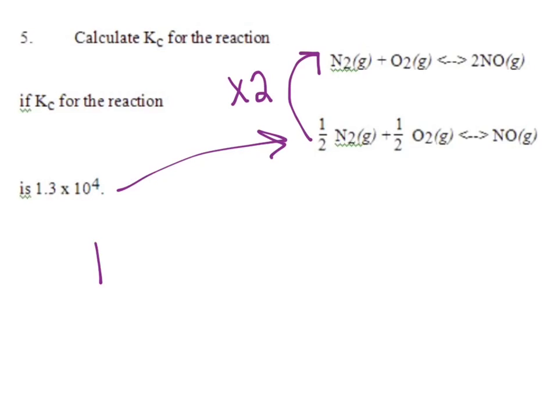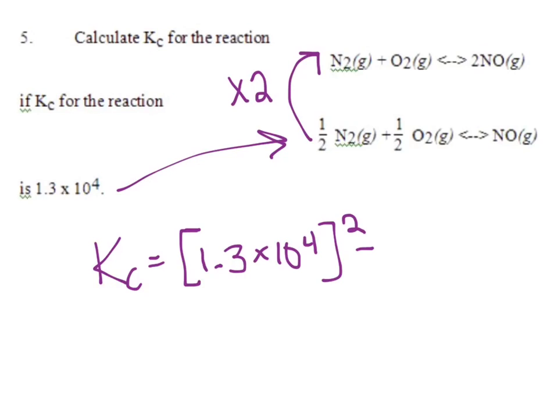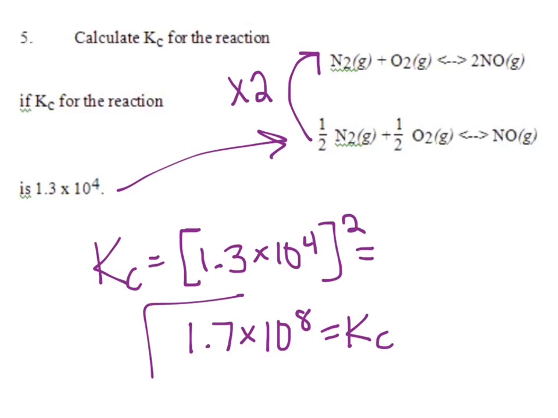So what do we need to do with our Kc? Not square root. Square, yeah, sorry. 1.3 times 10 to the 4th squared is 1.7 times 10 to the 8th equals Kc. And that is that.